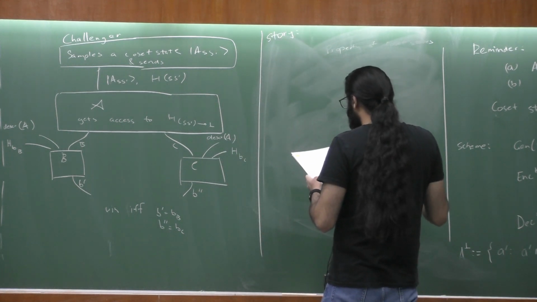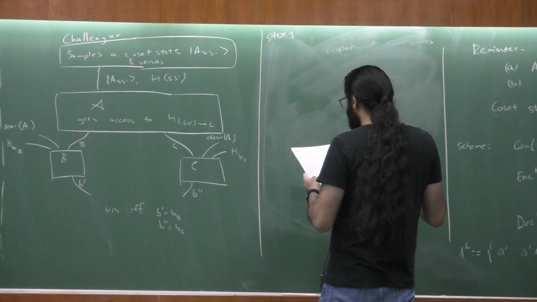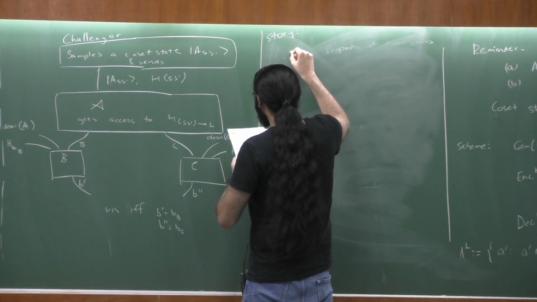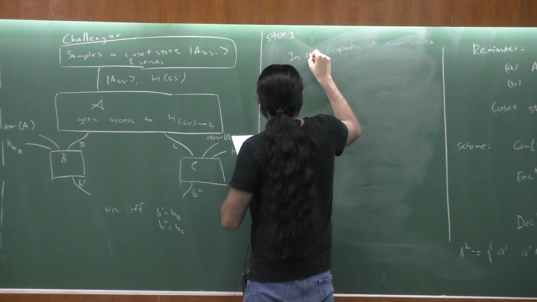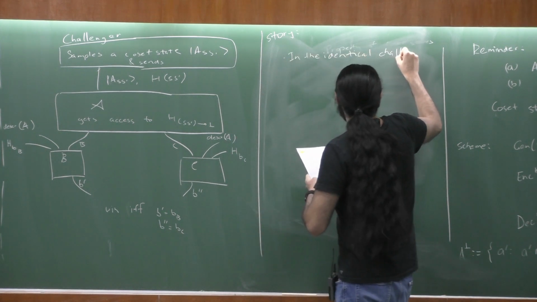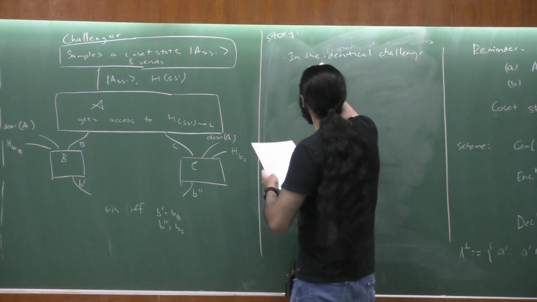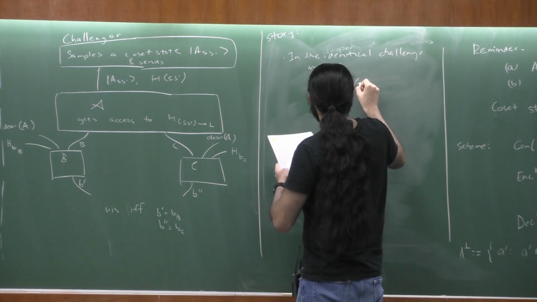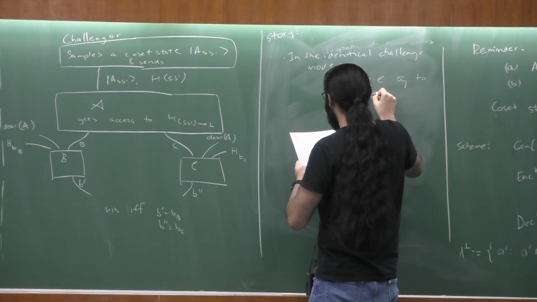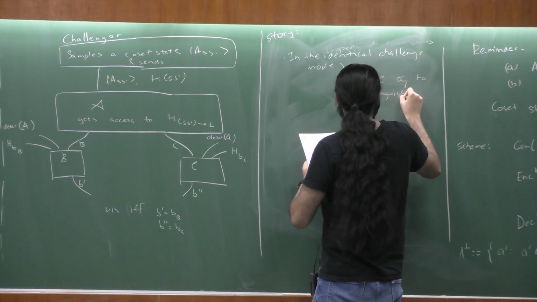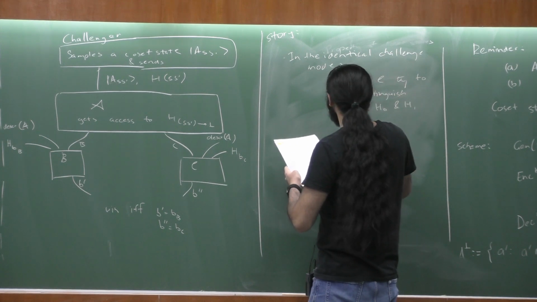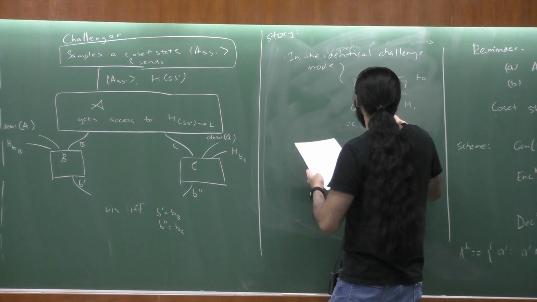Okay, so let's see. In this game, in the identical challenge mode, B and C try to distinguish between H0 and H1, that is, whether the random oracle was programmed or not.